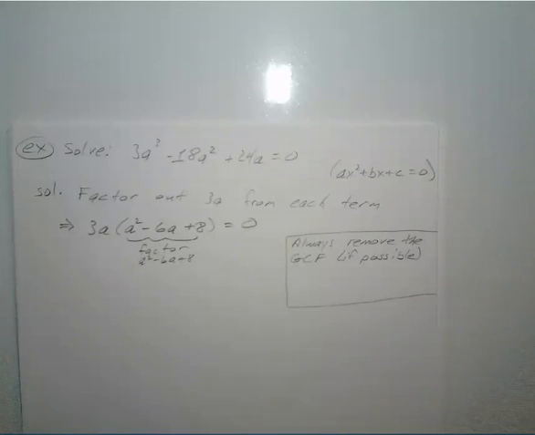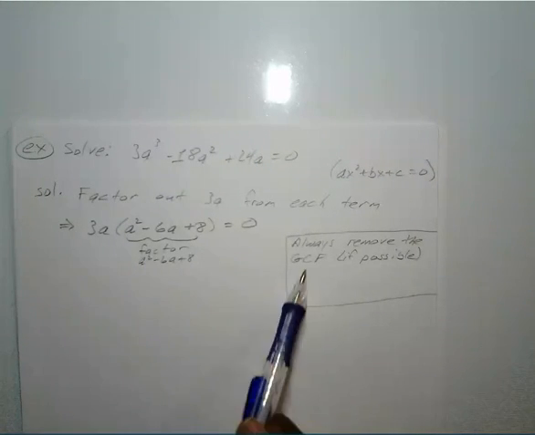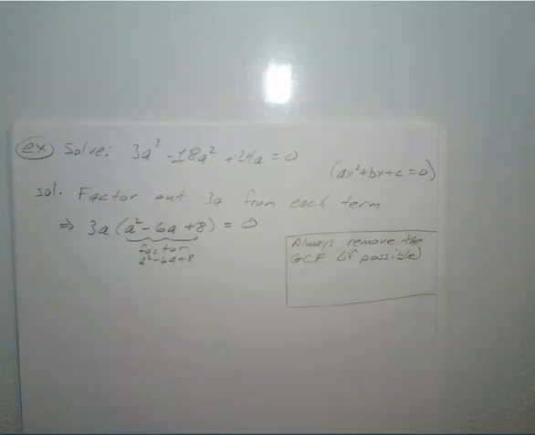You'll get the same answer eventually, but it's a lot more work. So you always want to factor out the greatest common factor of each term to see if you can avoid using the a times c method and get your answer a little bit faster.